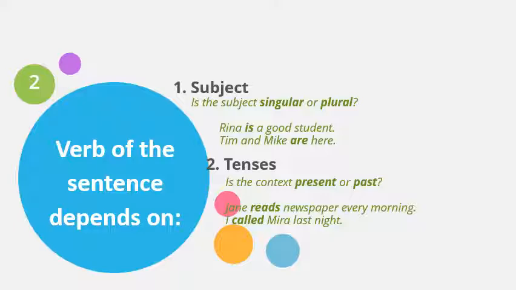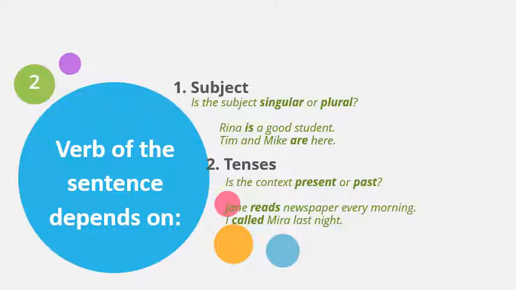Let's see the verb first. The verb that we have is be, is. So why do we use is? Let's see the subject. Because the subject is singular, tunggal, only one. So that's why we use is. Next, Tim and Mike are here. The verb here is are.